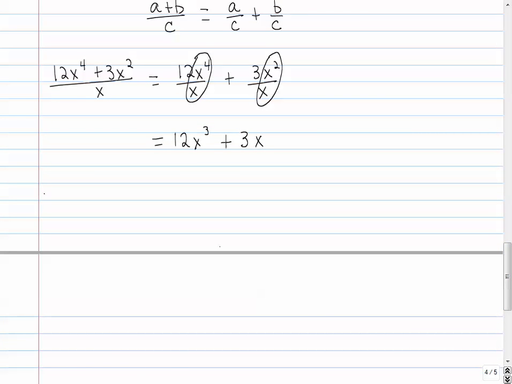All right, let's look at this one next. Negative 9x to the fifth plus 3x to the fourth minus 12 all over 3x cubed.